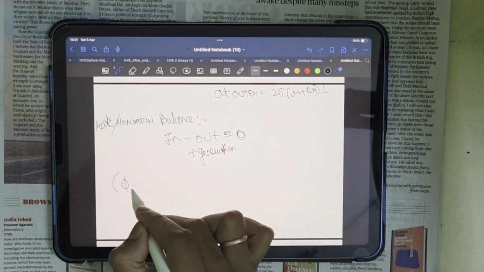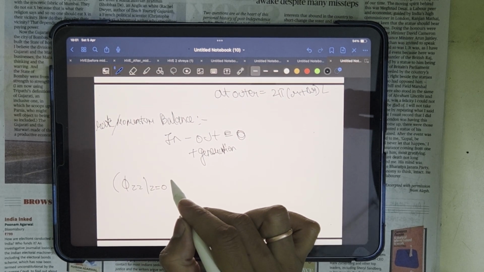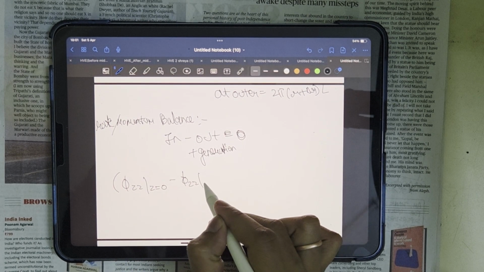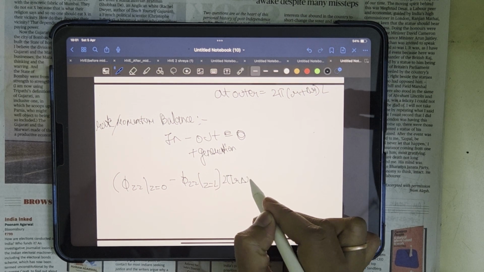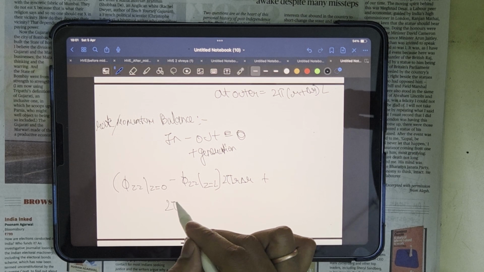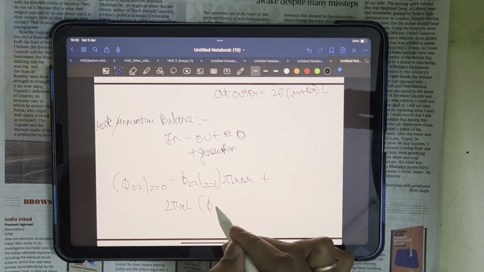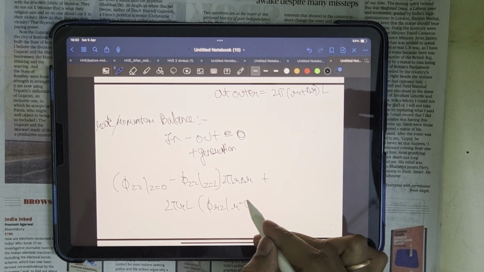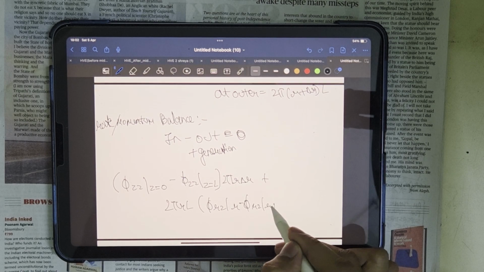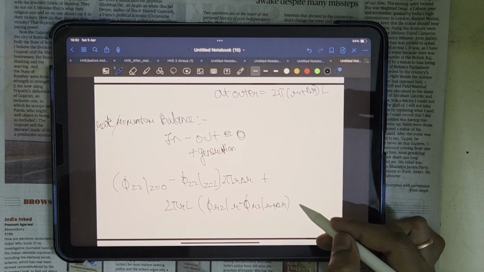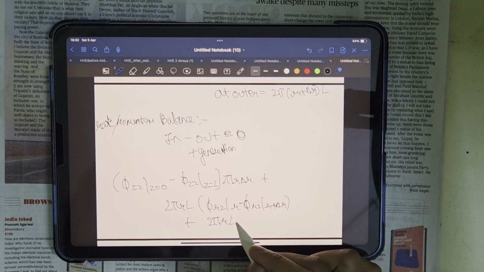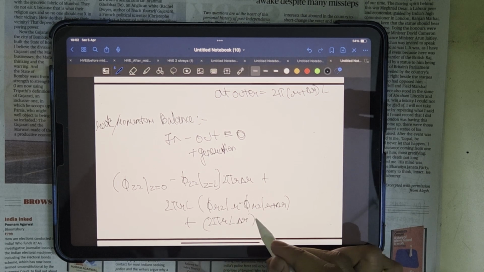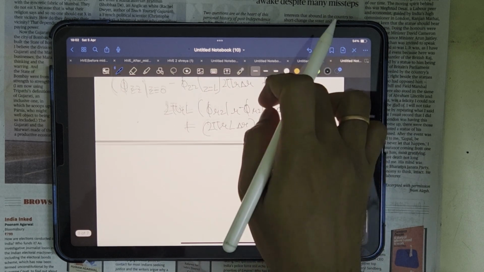So phi zz at z equal to 0 minus phi zz at z equal to L, into area 2 pi r into delta r, plus 2 pi r L surface area into phi rz at r minus phi rz at r plus delta r, plus generation, that is volume into rho into g. Volume is 2 pi r L into delta r, into density into gravity, equal to 0.